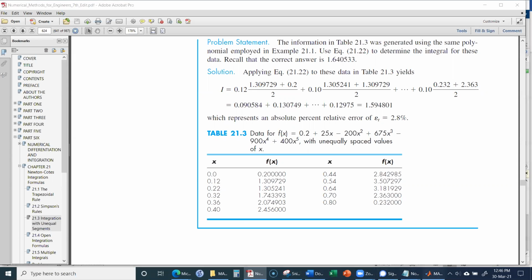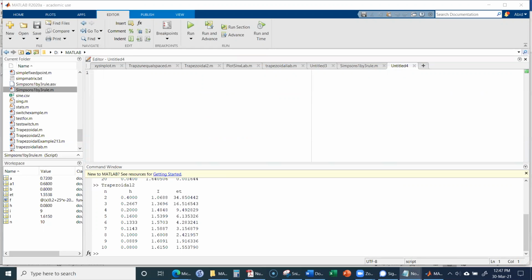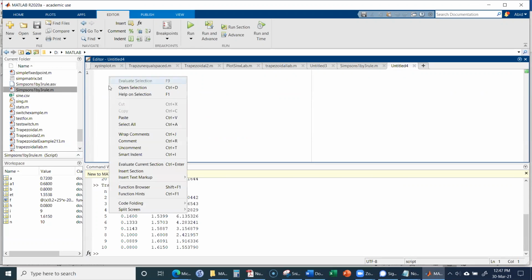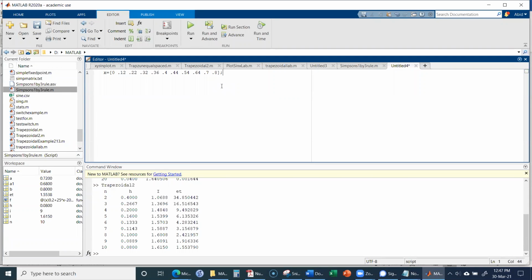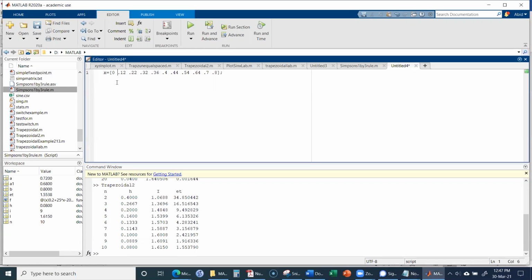For this unequal spacing, let's define the x values first. I have already copied these x values, so I can paste them here. We can find the corresponding f(x) values from the given equation.